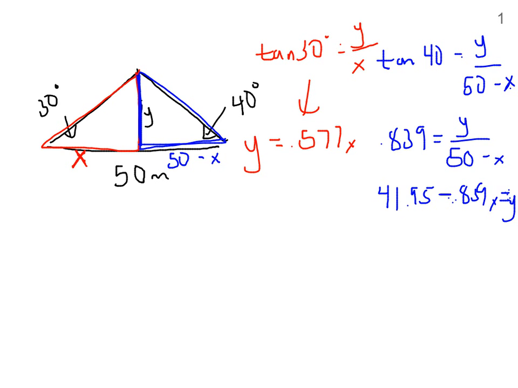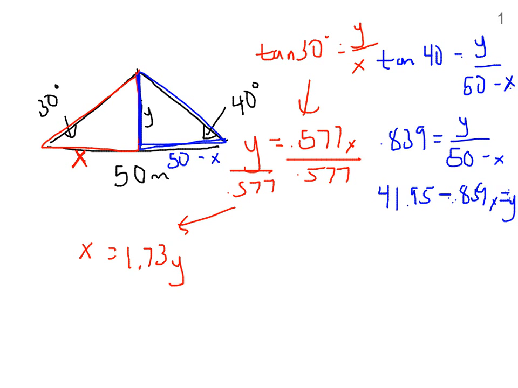I'm going to take this red equation, I'm going to divide by 0.577. So in this case I have x equals 1 divided by 0.577 is 1.73. So x equals 1.73y.